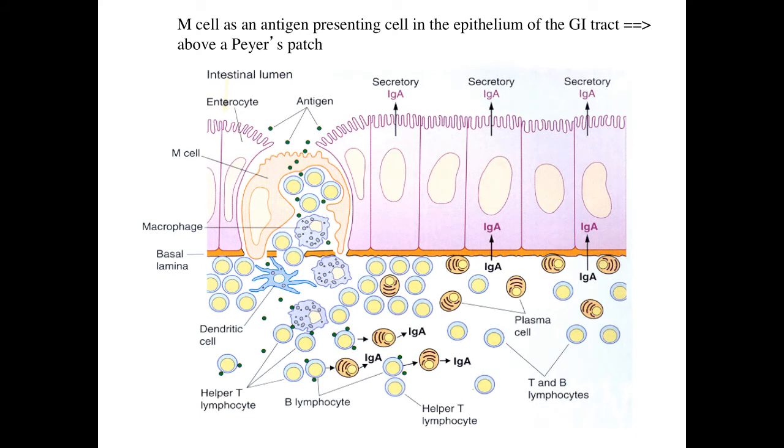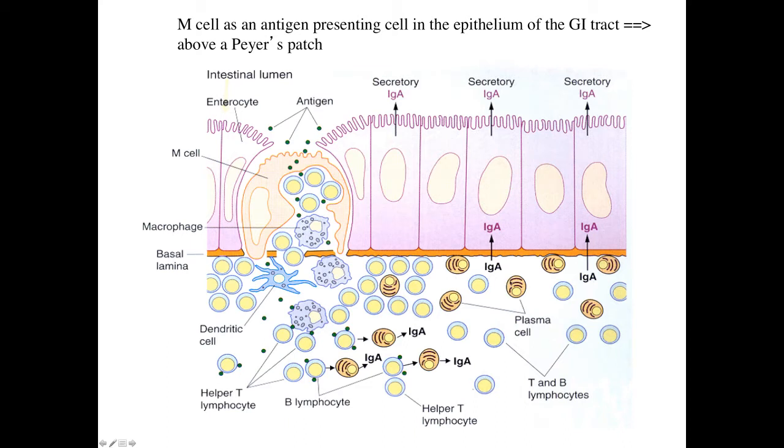This is an example of an M cell that would be over a Peyer's patch in the epithelium of the GI tract. So here would be the epithelium in the GI tract, with lots of plasma cells, T and B lymphocytes in the connective tissue under this epithelium.